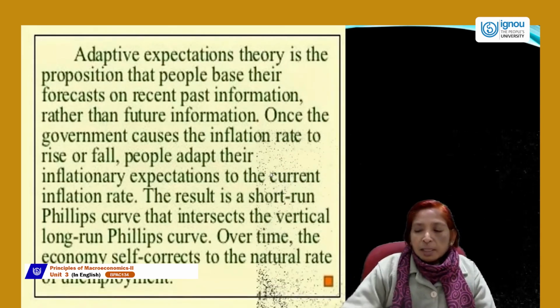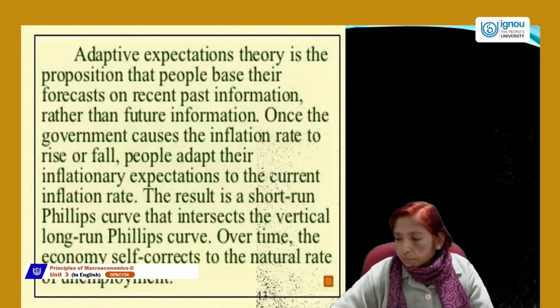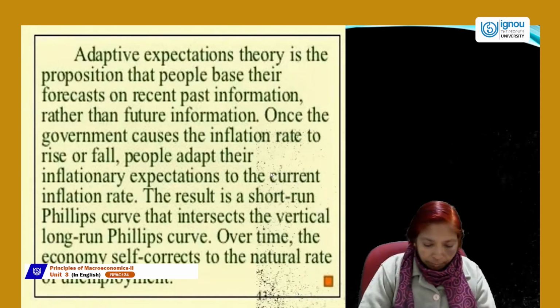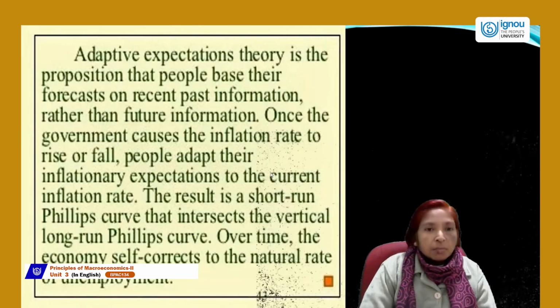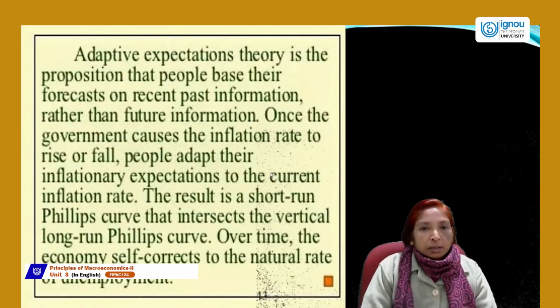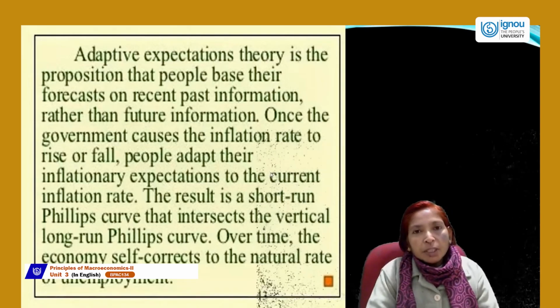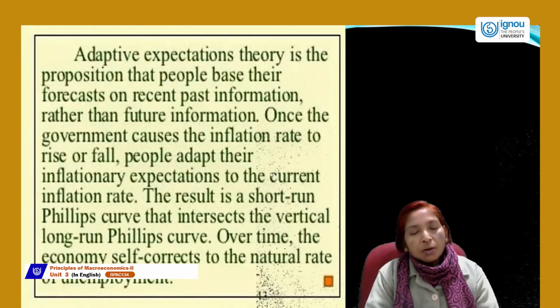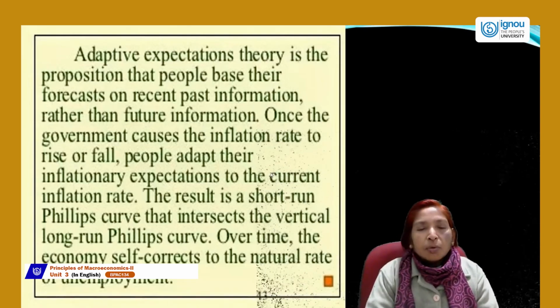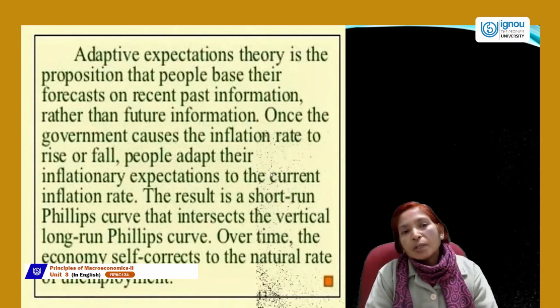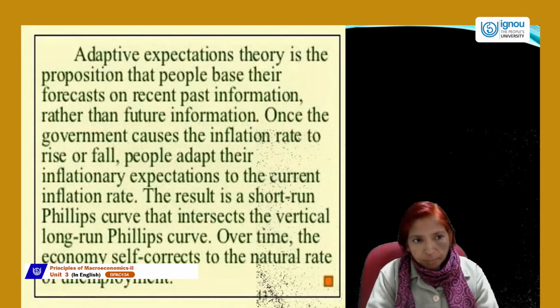So adaptive expectation theory mainly tells us about the forecast, the behavior of the person or any policy maker who makes their decisions according to the past information, or their forecasting mainly depends upon recent past information.